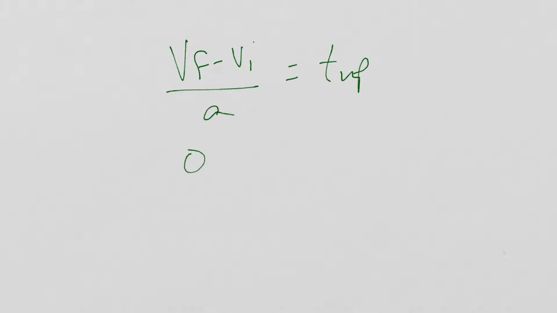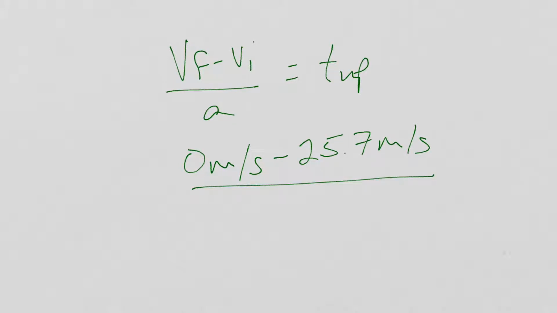Vf was 0 meters per second. Vi was 25.7, because we're working in the y direction, because we don't have an acceleration in the x direction, so we can't use it. Negative 9.81 meters per second squared for the acceleration. And this will then get us a time of 2.62 seconds up.